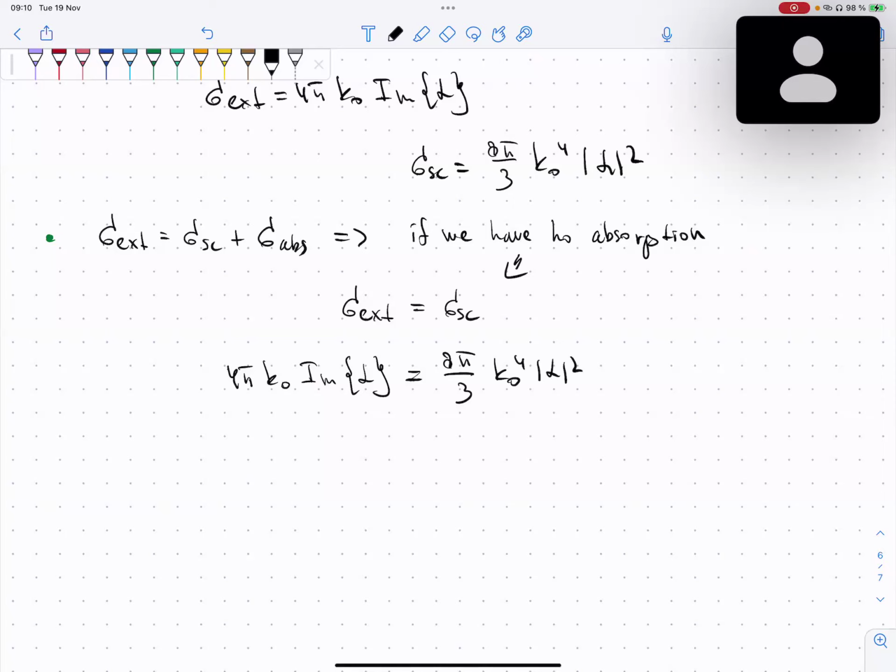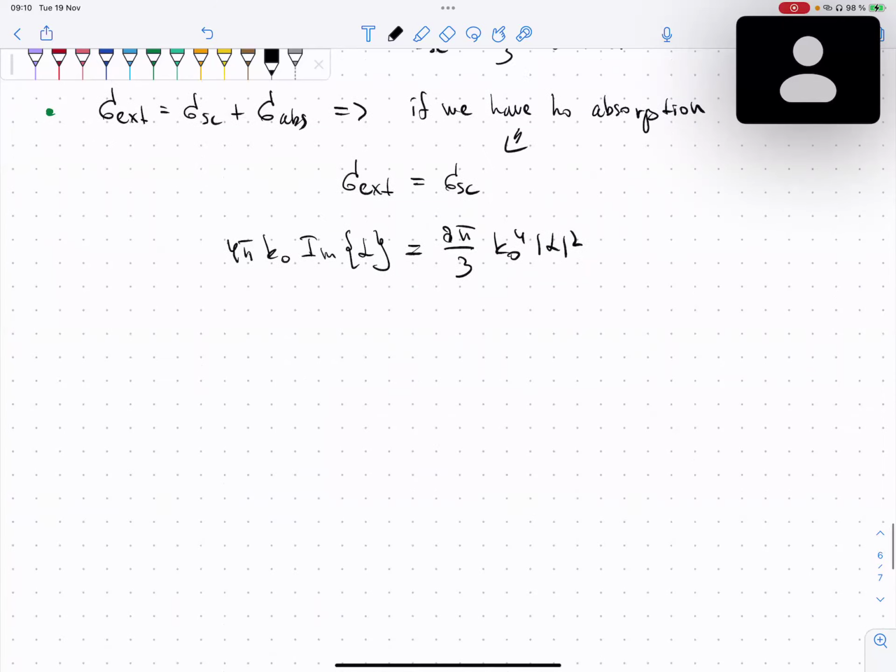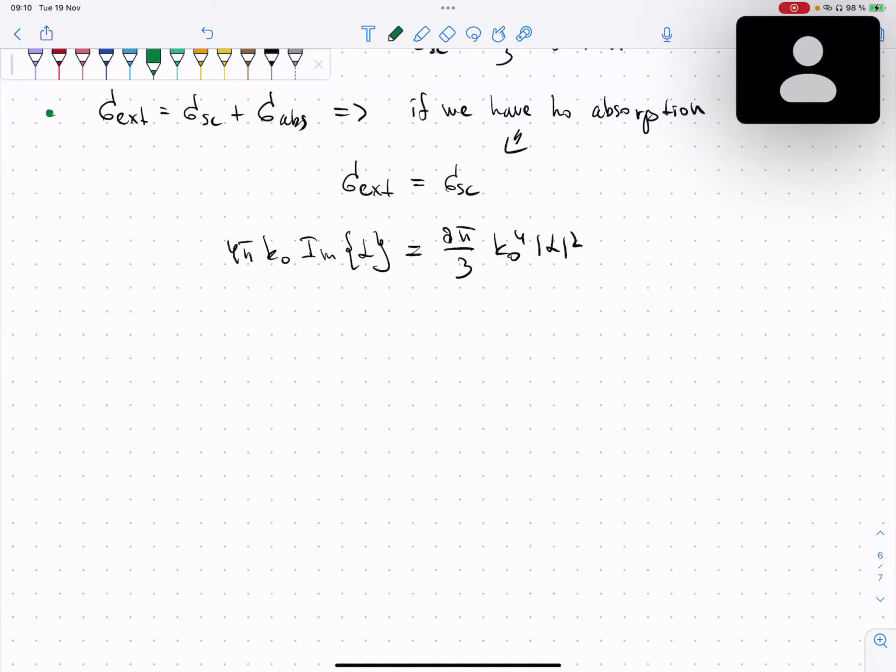Because we have no absorption in our particle, we can assume that the imaginary part of polarizability is much less than the real part of polarizability. Let me notate this as alpha 2 prime and this as alpha prime for simplicity.